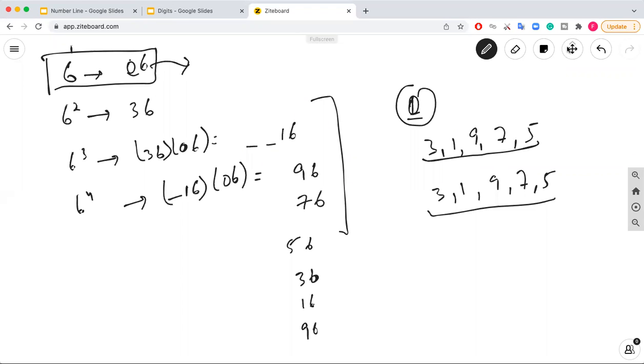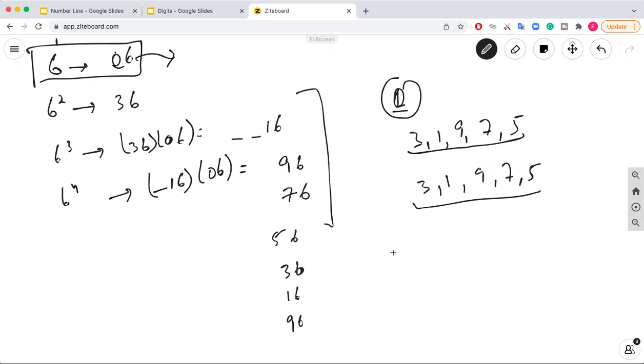3, 1, 9. For example, let me give you an example. If I say, what is the tens digit of 6 power 17? Just quickly, what is the tens digit of 6 power 17? What is the answer?